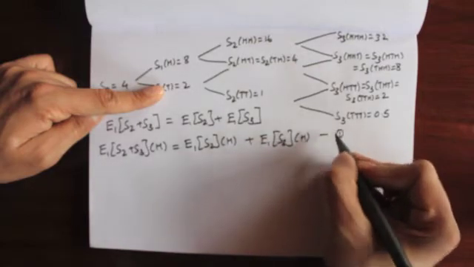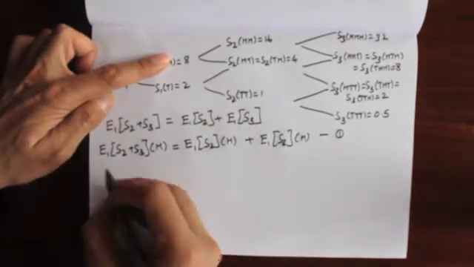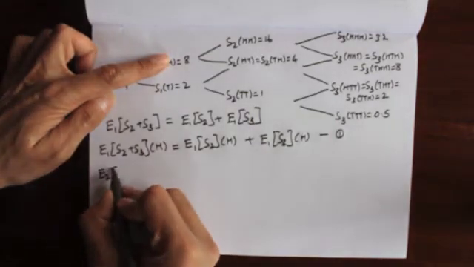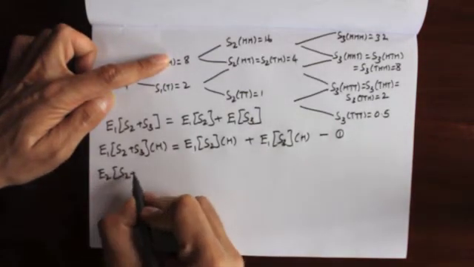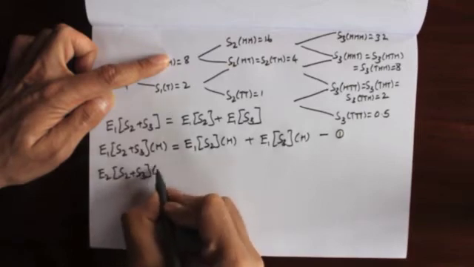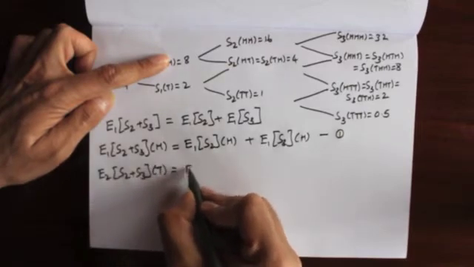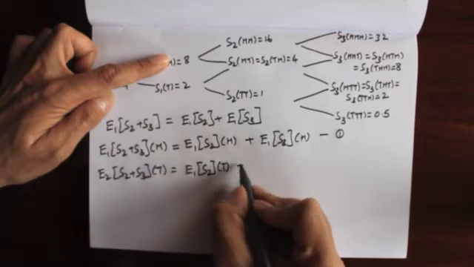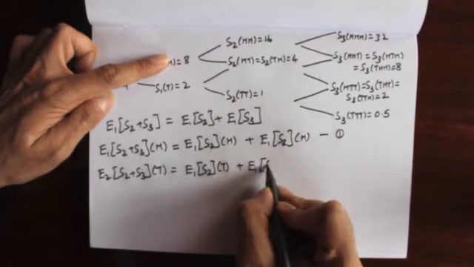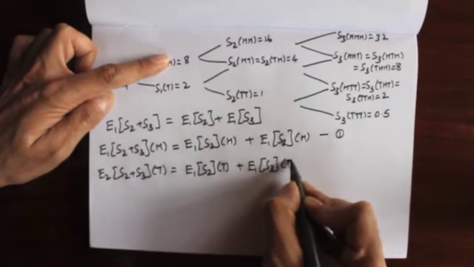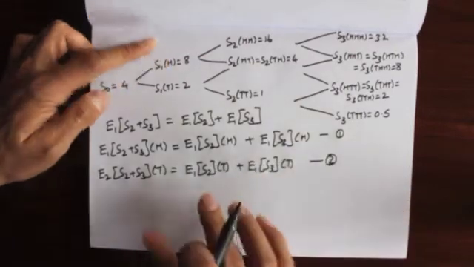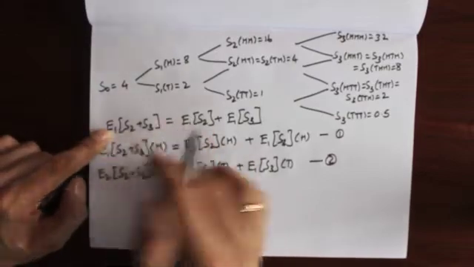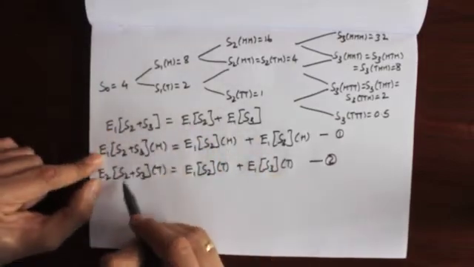This is the first equation if we were in this state. Or we could be in the other state where we got a tail first, then this would become E1 of S2 if it was a tail plus E1 of S3 if it was a tail.